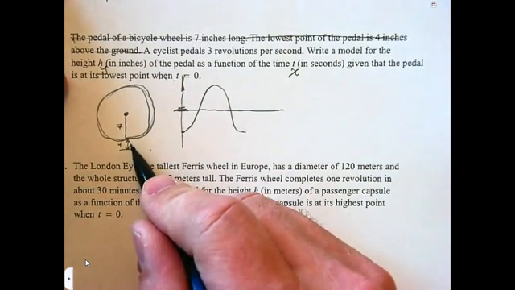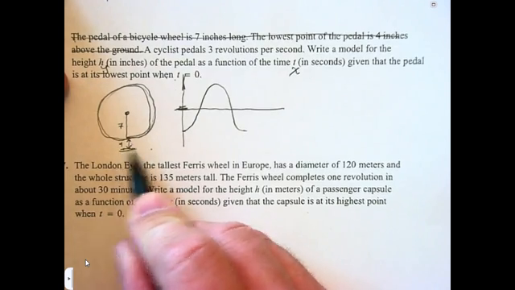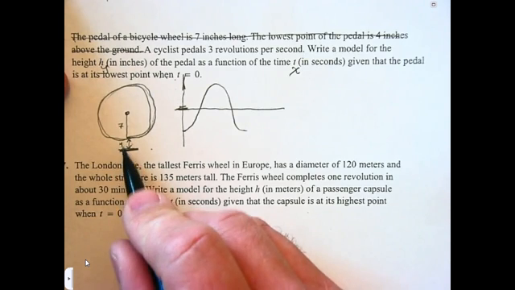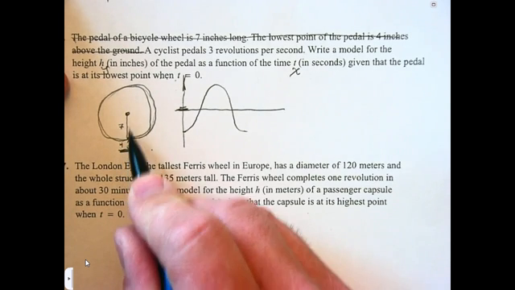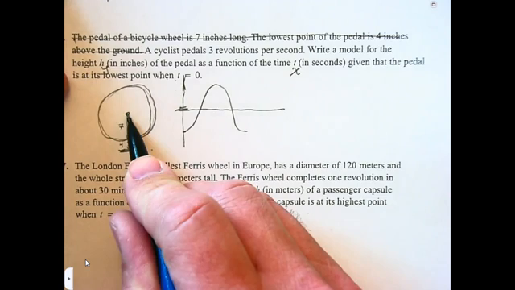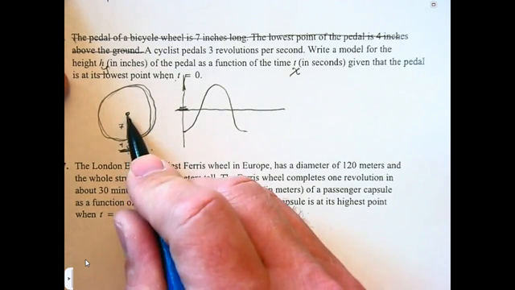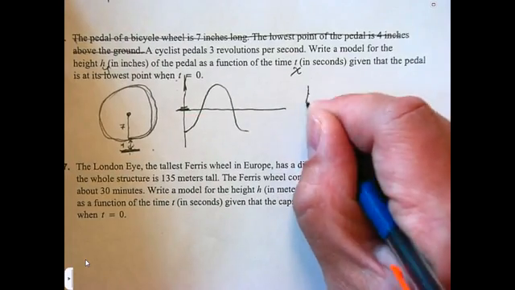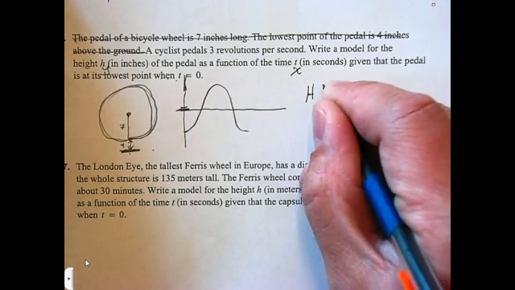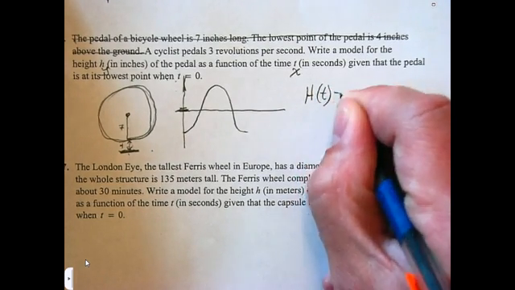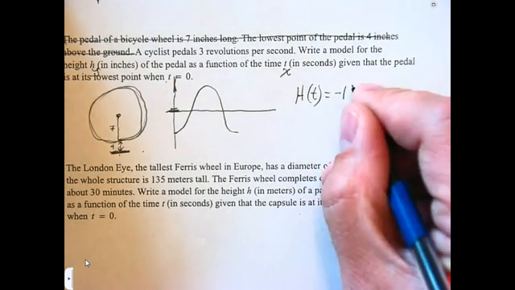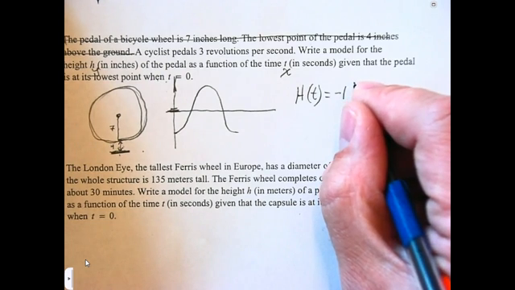Now, from ground level up to here, we have traveled how far? 11. That means my function, which is in terms of h, so we have h of t is equal to negative... is it negative 11?